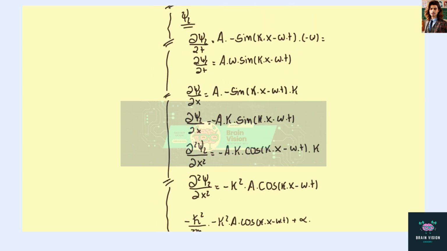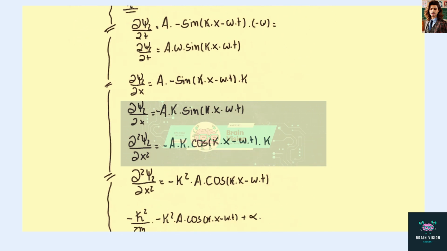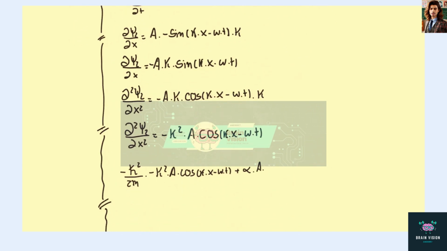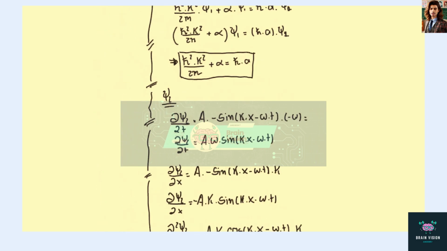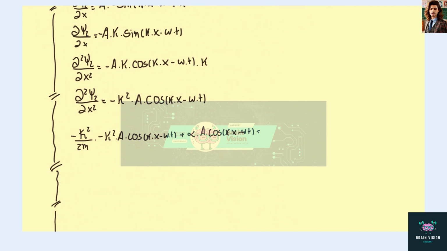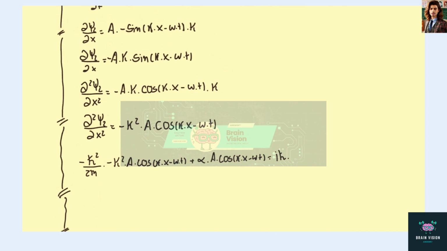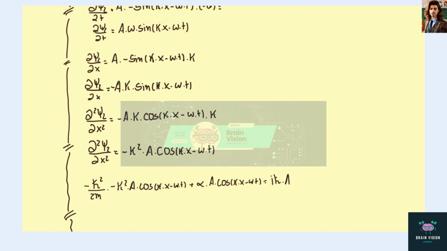Psi 2 is a times the cosine of k times x minus omega times t, and this should be equal to i h bar times the time derivative, and the time derivative is given by a times omega times sine of k times x minus omega times t.